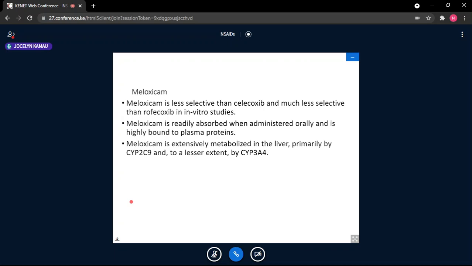It has, of course, lesser acidity compared to the indomethacins, ibuprofens, and so on. So you have a wide choice from which a clinician may choose, and most of these drugs are even given over the counter. But do remember, they can also cause a lot of toxicity, especially if somebody is highly susceptible to ulcers and they take some of these drugs, they will get a lot of gastric irritation.